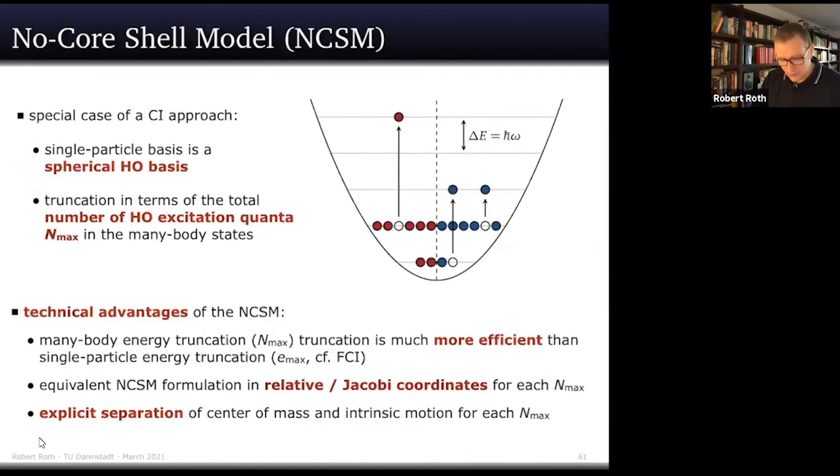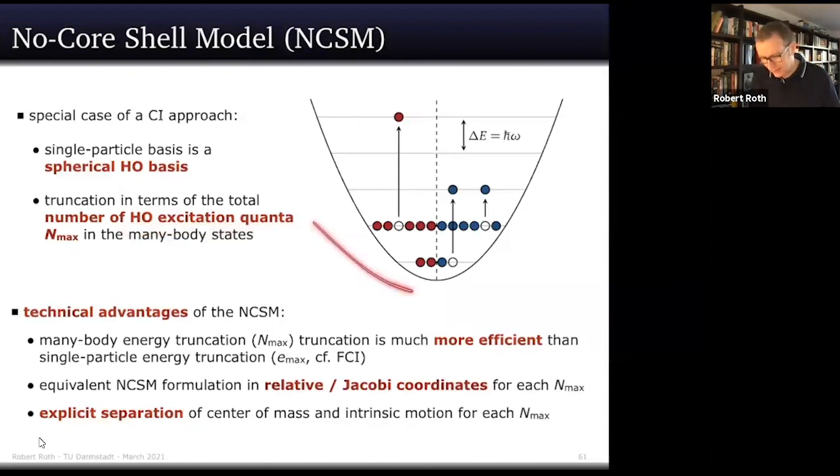And the truncation of your matrix is not a simplistic truncation of the single particle basis, but you use a truncation at the A-body level. You really define a truncation criterion which acts at the level of your Slater determinant A-body states. And you use the total number of excitation quanta in the harmonic oscillator that such a Slater determinant contains.